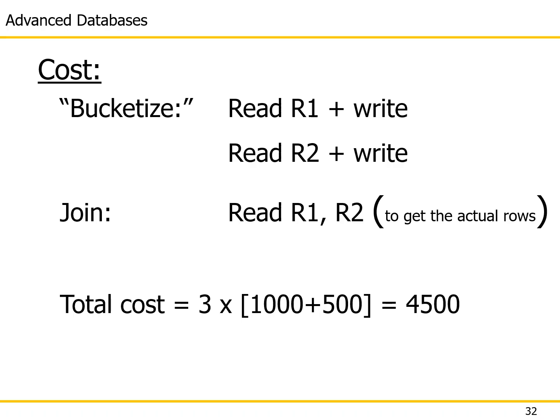The first line means we've constructed the hash table and written the buckets to disk. We're going to do the same for R2. I'm going to read all of R2, so that's paying 500 IOs, plus writing the buckets to disk.